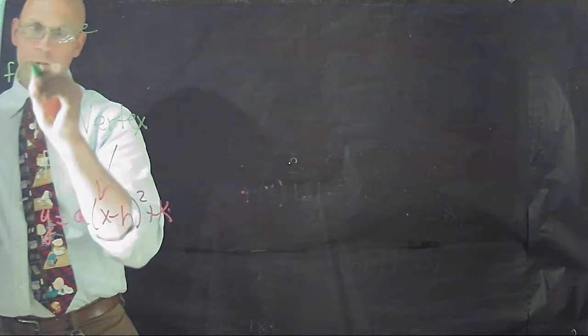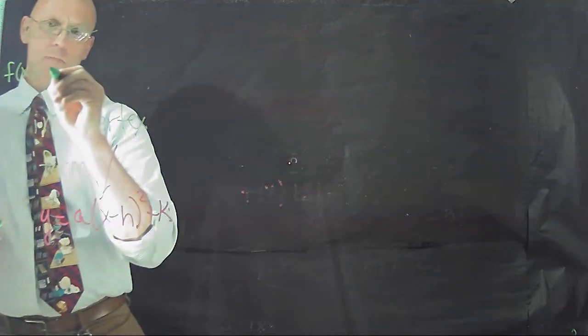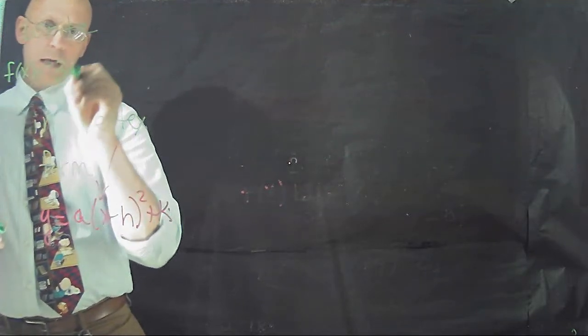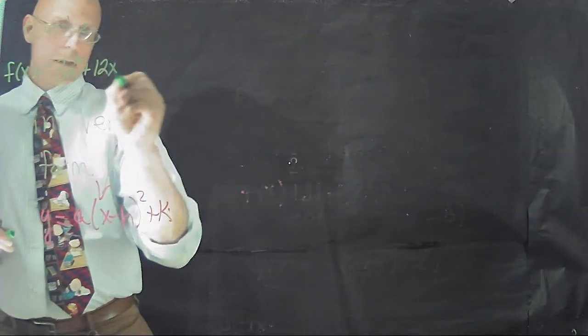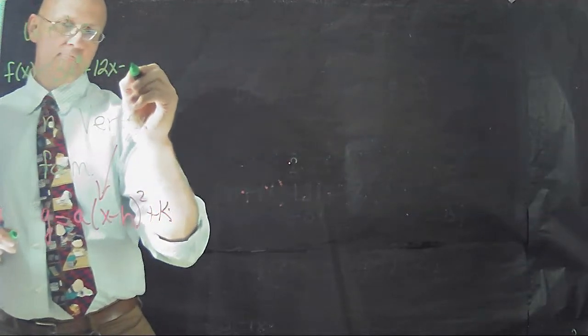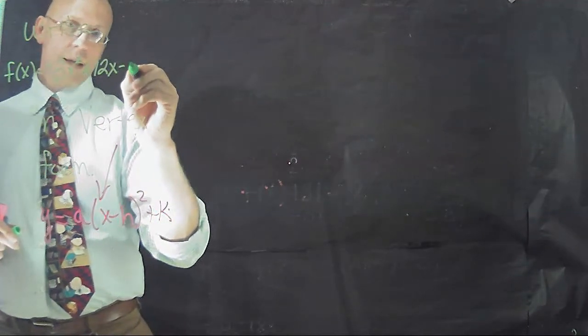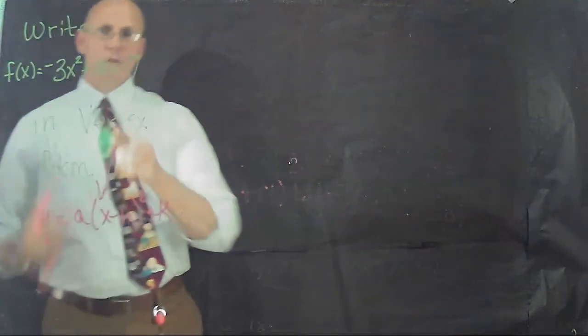So here we go. Let's write f of x equals -3x squared plus 12x minus 7. All right? So this is the problem.